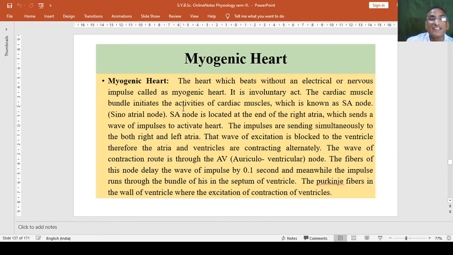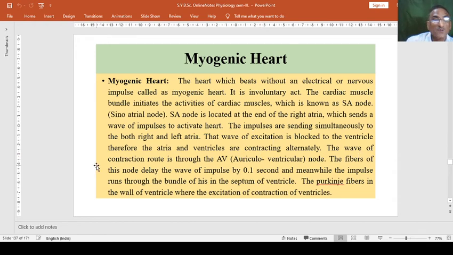The impulses are sent simultaneously to both the right and left atria, that is, to both chambers. That wave of excitation is blocked from the ventricle. Therefore, the atria and ventricles contract alternately. First the auricle contracts, then the ventricle. In this way the alternate contraction and relaxation goes on.